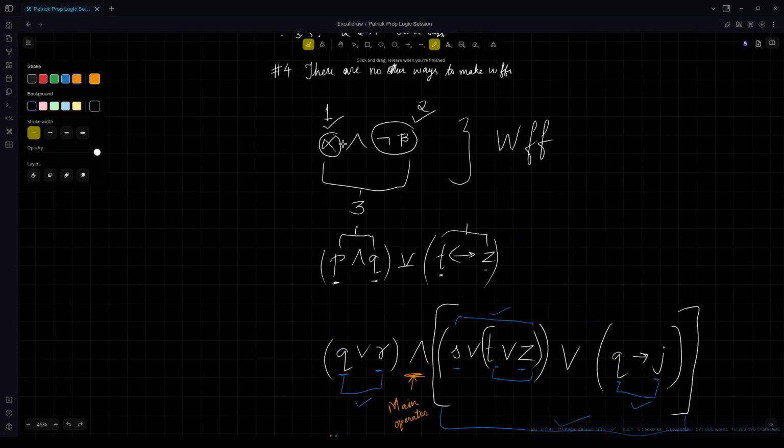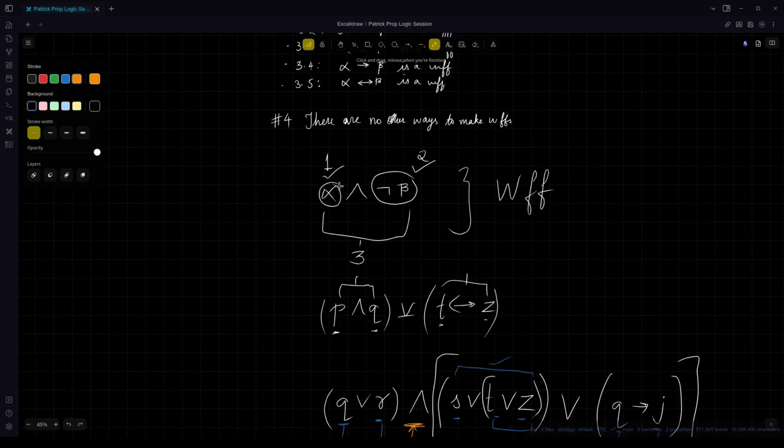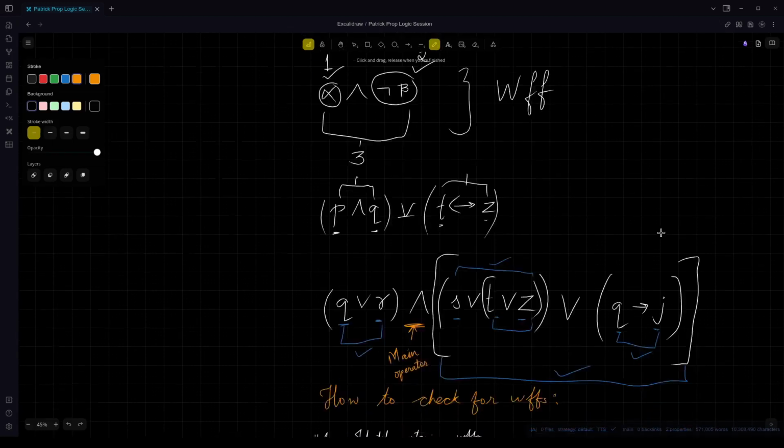So if you want to check if this is a well-formed formula, you identify the atomic propositions, the atomic well-formed formulas, and then you apply the rules. And if you are able to apply the rules throughout, then it is a well-formed formula. For example, alpha is a well-formed formula, not beta is a well-formed formula, alpha and beta is a well-formed formula. So we have proved that this entire thing is a well-formed formula.